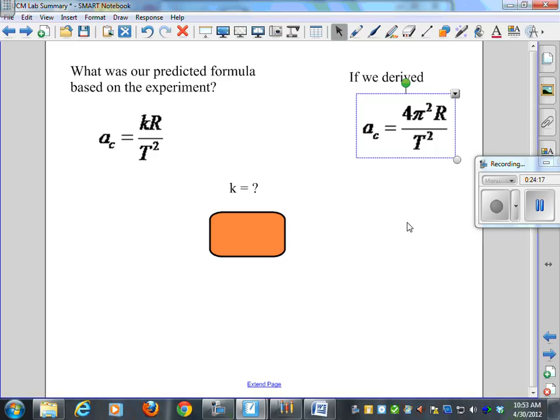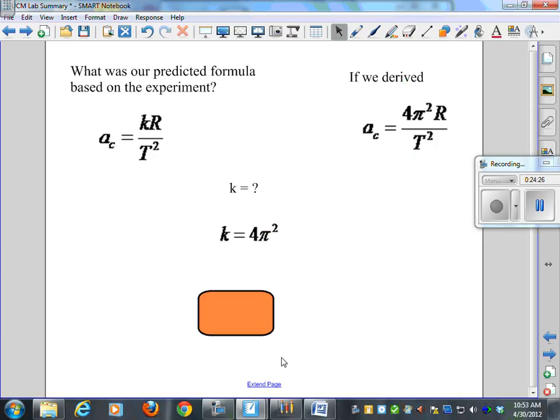Those look kind of similar. What's the value of k? 4 pi squared. There's the r, there's the t squared, there's the r over t squared. What's left? The k? 4 pi squared. Ah, yes.